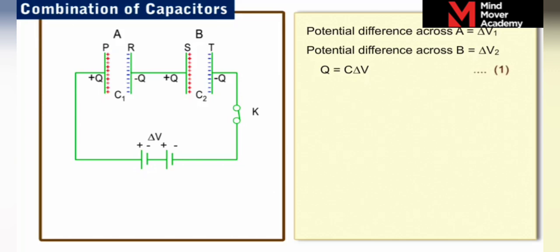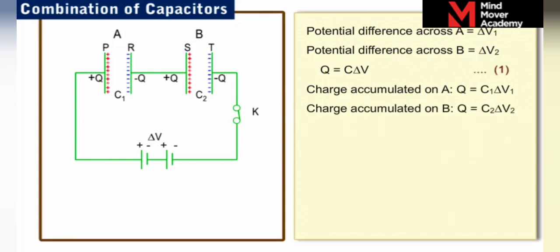Following the same expression, we get Q is equal to C1 delta V1 for capacitor A and Q is equal to C2 delta V2 for capacitor B. Simplifying the two expressions, we get delta V1 is equal to Q by C1. Let us label this as equation 2. And delta V2 is equal to Q by C2. Let us label it as equation 3.